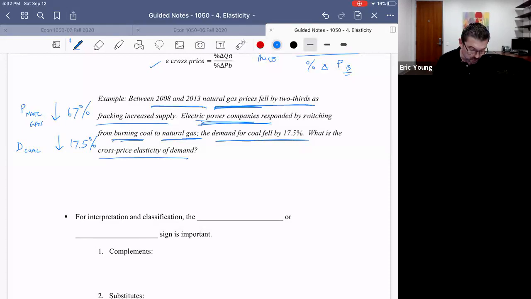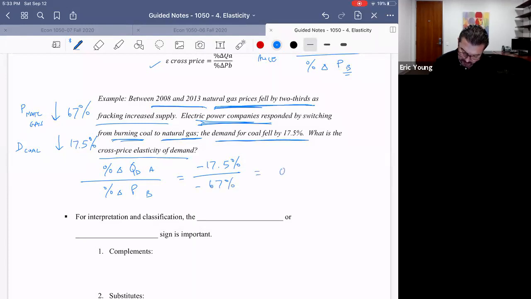And again, on this one, your positive or negative sign is going to be important, so don't throw it away. The cross price is equal to the percent change in the quantity demanded of A divided by the percent change in the price of B. This is going to be equal to negative 17.5% divided by negative 67%.